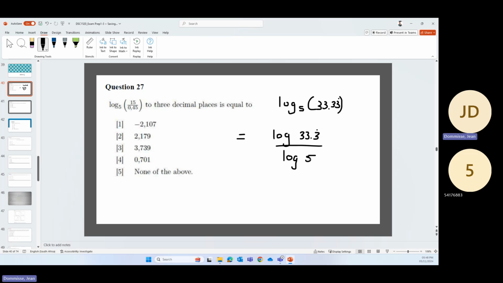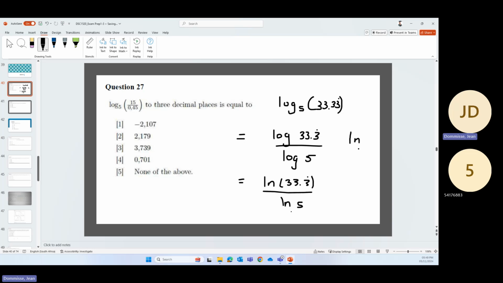On most calculators, instead of log, they name it ln. So we can say the ln function of 33.3 divided by ln of 5.